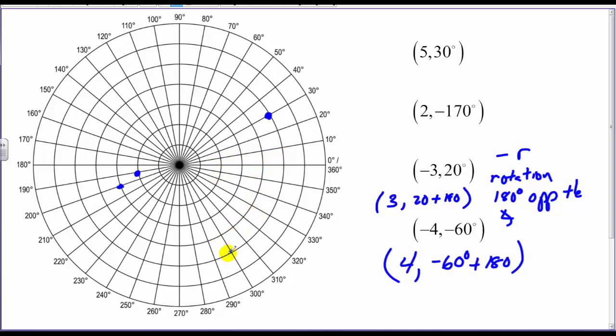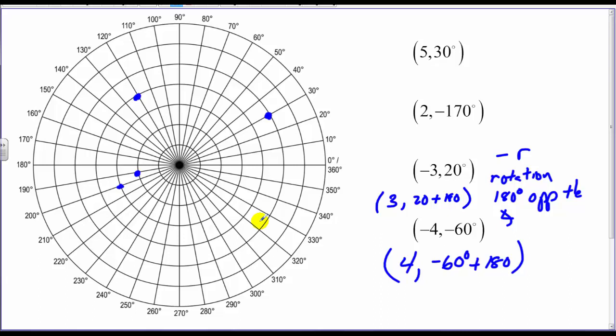But if I go 180 degrees opposite that, it's going to put me roughly in the 120 range. So I go from 0, out 4, and at the 120 degree mark. And those are the 4 points graphed.